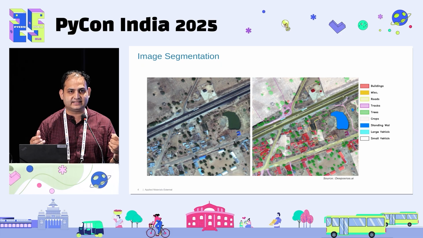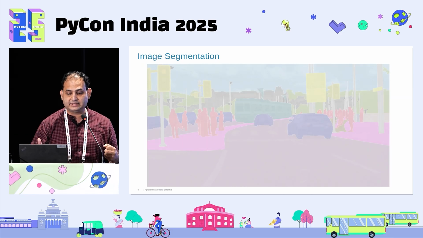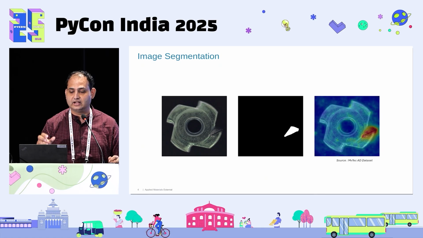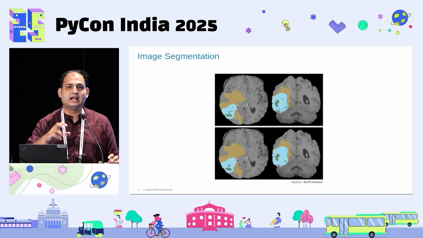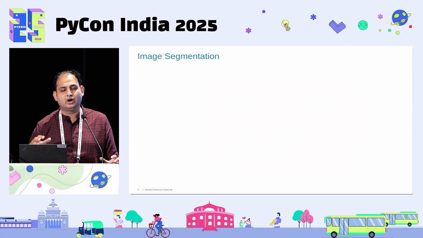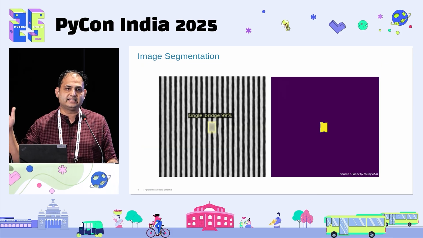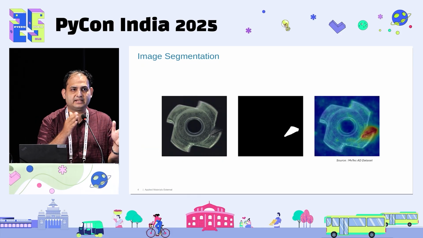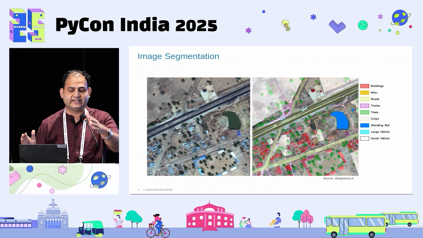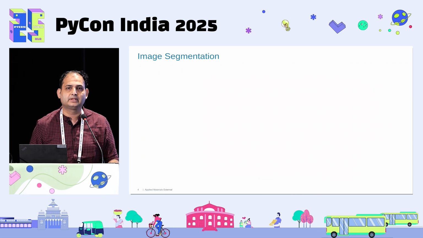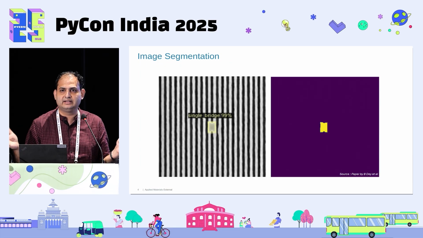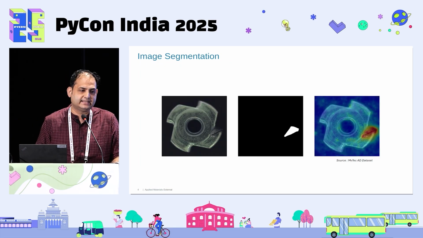Sometimes defects in industrial domains. Or in brain tumor segmentation, where I want to segment out the tumorous region. Or in satellite images, where I want to segment out different areas such as roads, gardens, fields, and rivers, and whatnot. This is the process of image segmentation. I just talked about it so that we can all come to a single page.